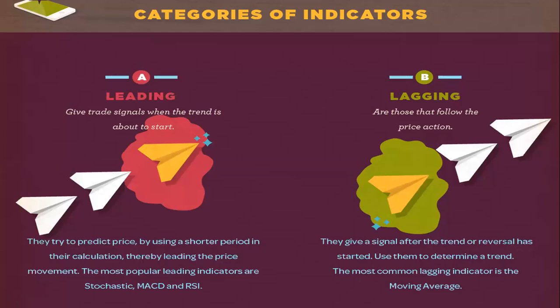And when you say something is lagging, it means it's slow. So leading indicators give trade signals when the trend is about to start. A leading indicator gives a signal anytime a trend is about to start.